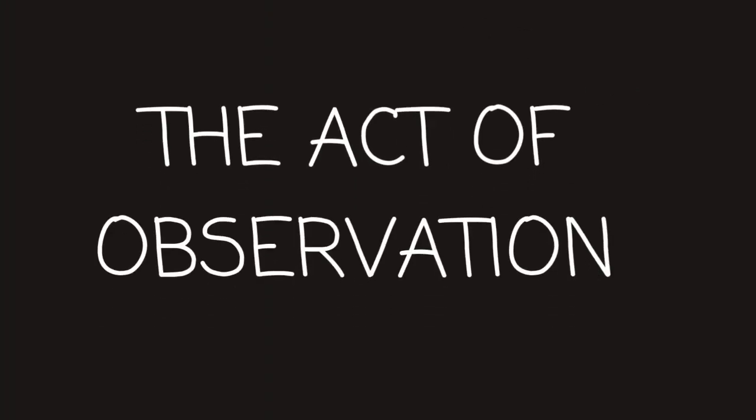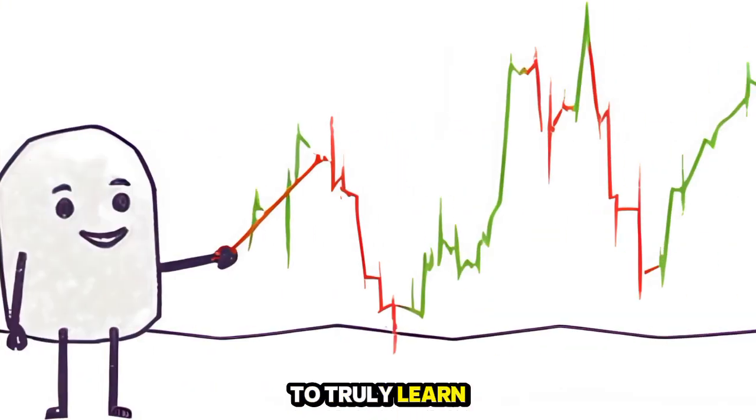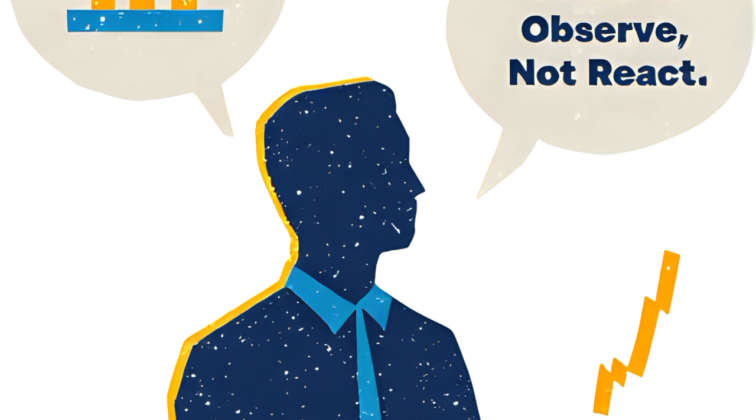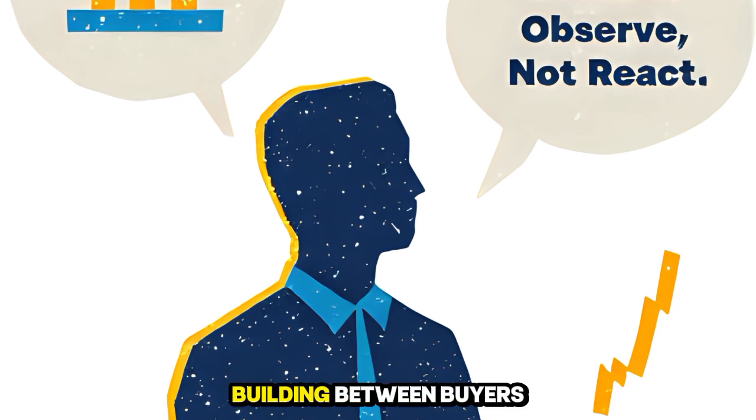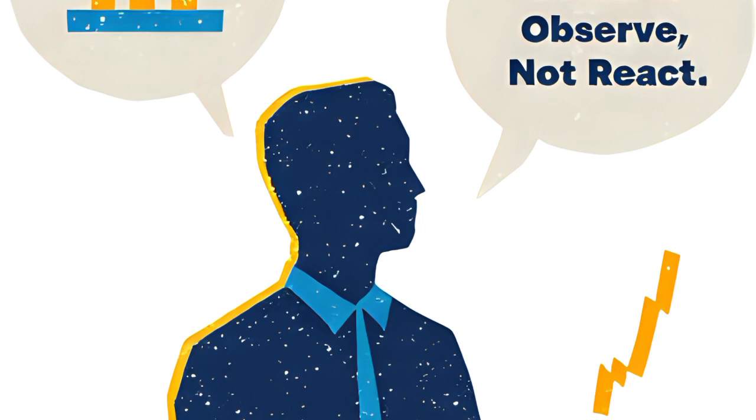The act of observation. To truly learn candlestick analysis, you have to observe. Watch how a candle forms, not just how it ends. See how it changes shape in real time, how it grows, shrinks, hesitates. You will start noticing the tension building between buyers and sellers.